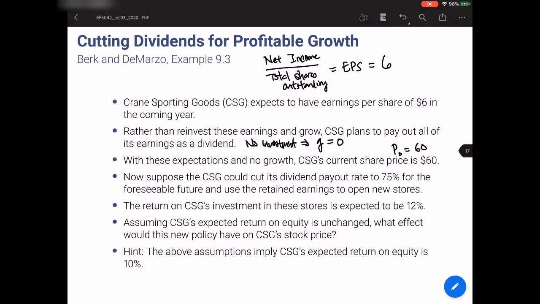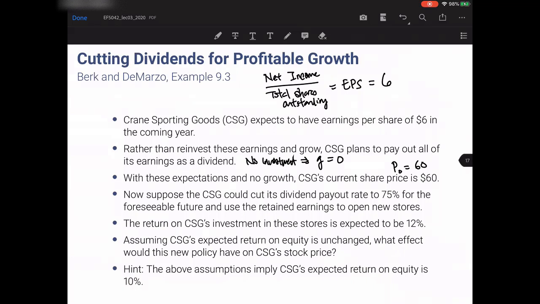Just think about we're taking 25% of the net income and setting it aside and letting it grow through investments. So that's what the next bullet point states: that 25% is going to grow 12%. In other words, the return on investments is equal to 12%.